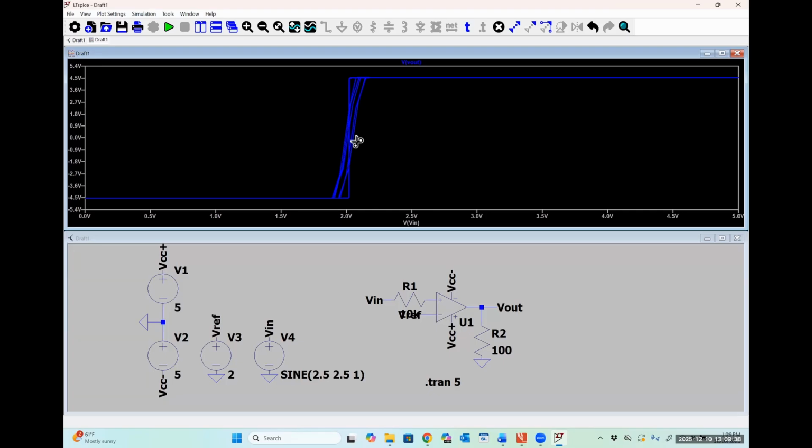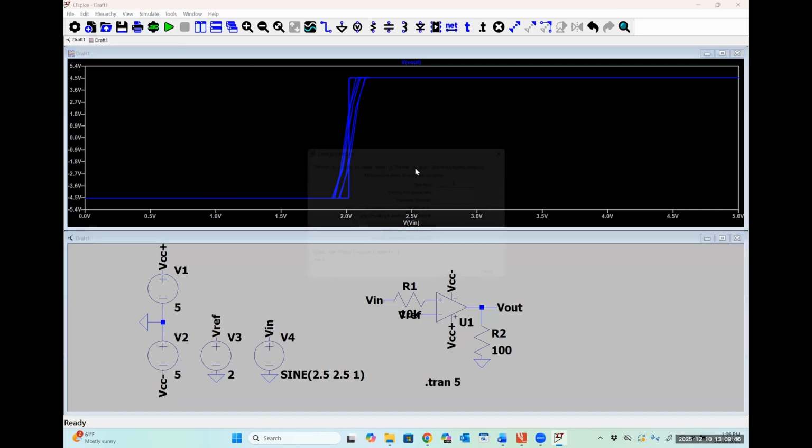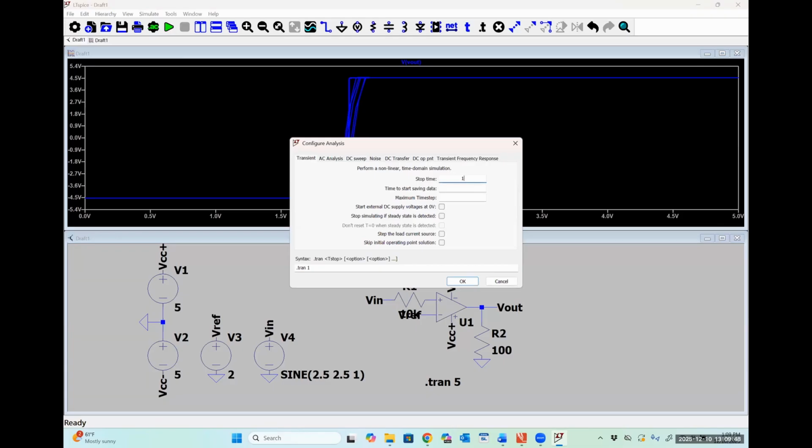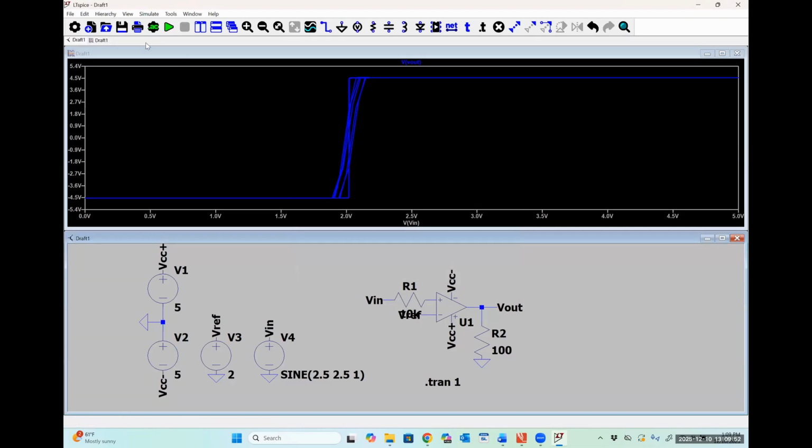So if we only did from 0 to 5 one time, so if I change my simulation command to do it for just 1 second and run it, I only get this one nice line because it just does it once.